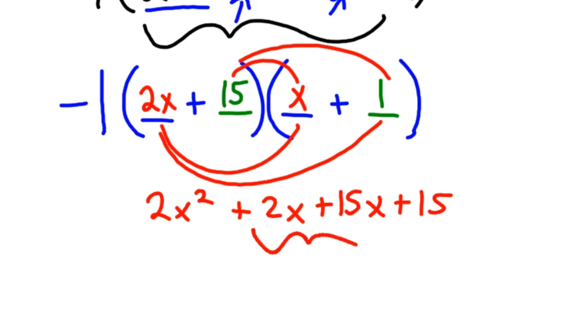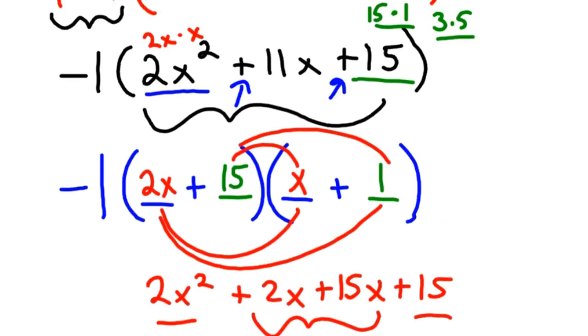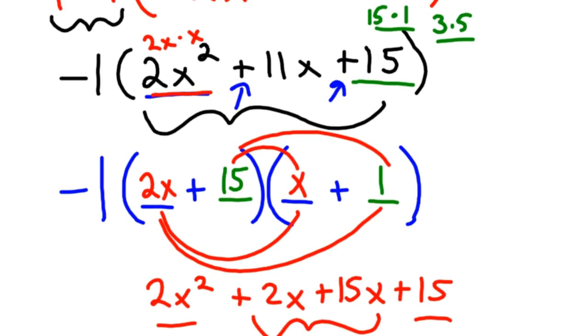Well, if you check these middle two terms, this checks and this checks. If you go back to our original, there's the 2x squared and there's the 15. But 15x plus 2x is 17x, not 11x. So we need that middle term to check out and get 11x.